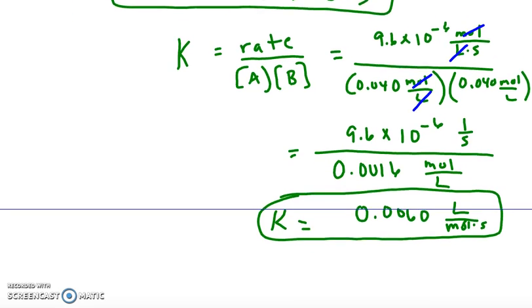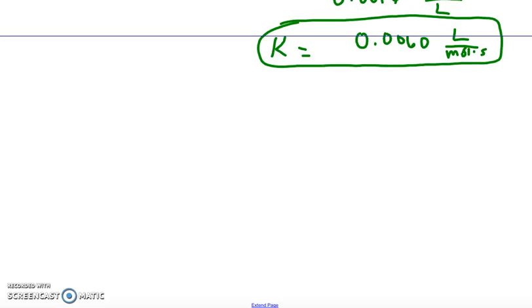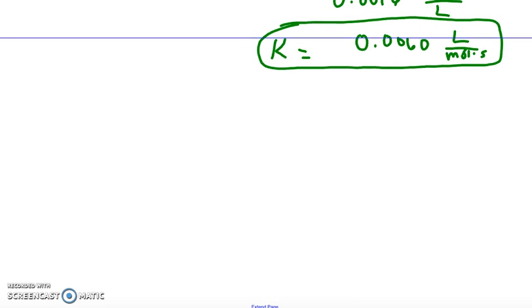All right, well now in part C of this, what we now need to do is to discover the initial rate of reaction when we have an initial concentration of A to be 0.12 moles per liter and an initial concentration of B to be 0.015 moles per liter.